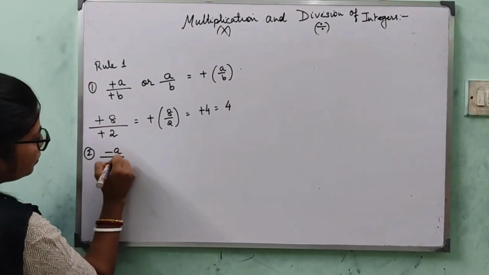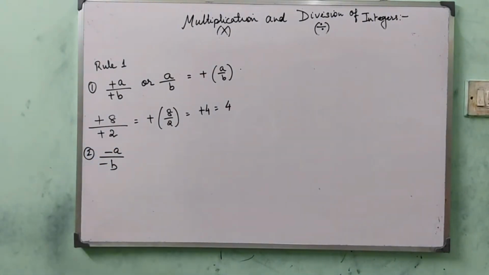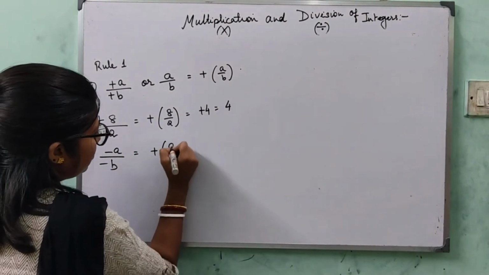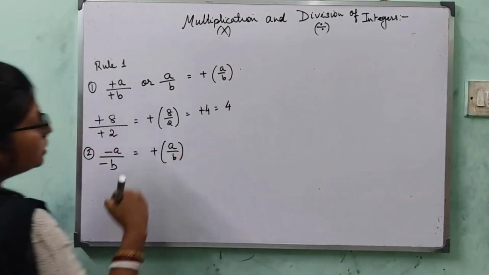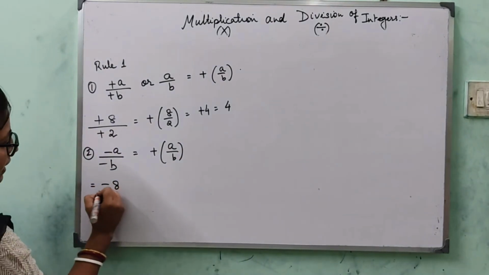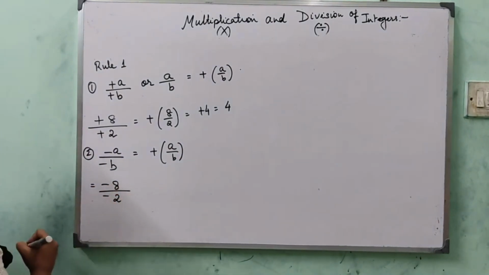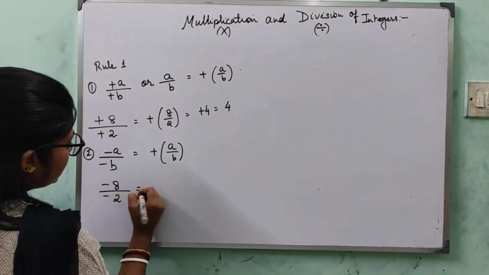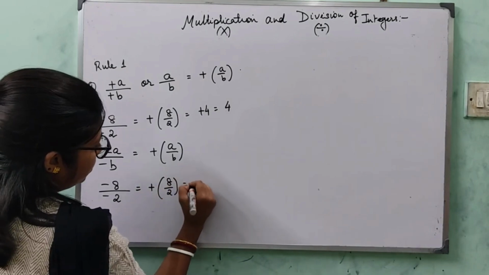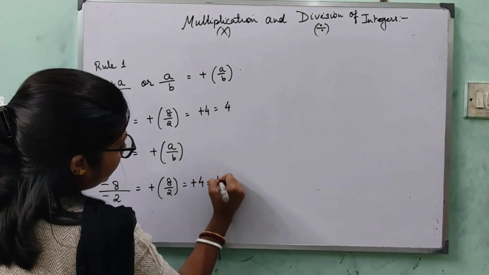If both the numbers involved have a minus sign, then the answer will have a positive sign, that is minus 8 divided by minus 2. What will be this? That is equal to plus 8 by 2, that is equal to plus 4 or simply 4.